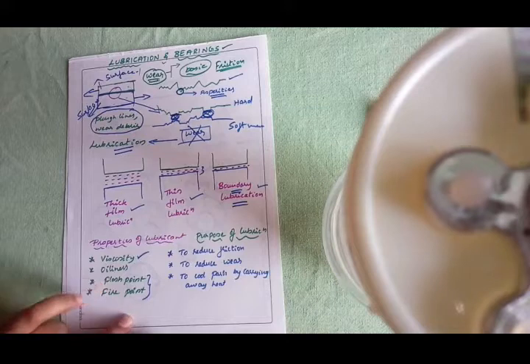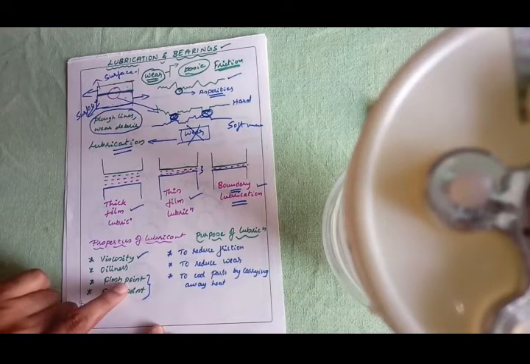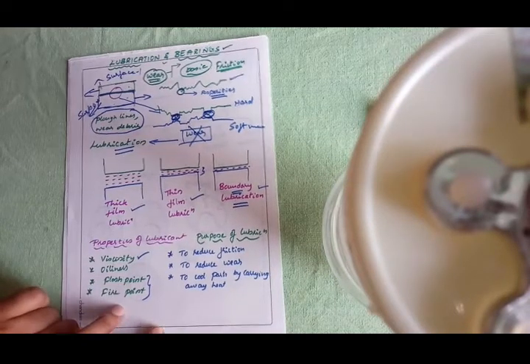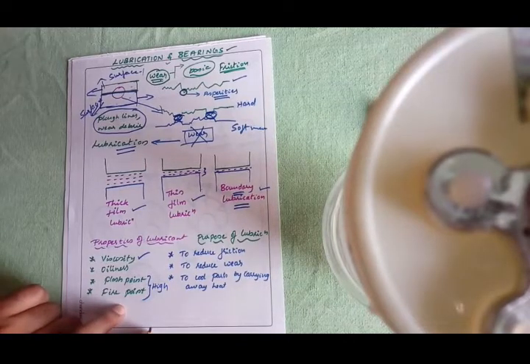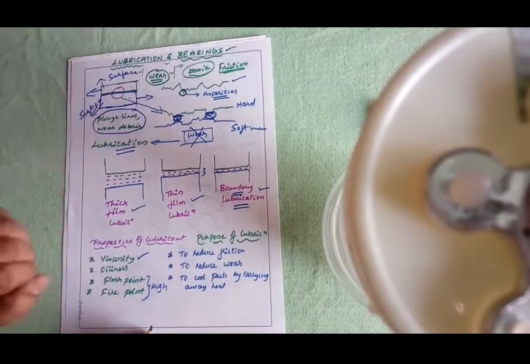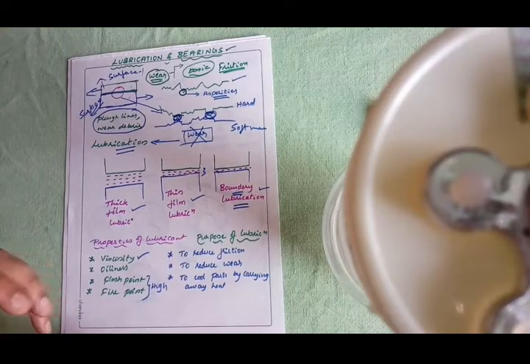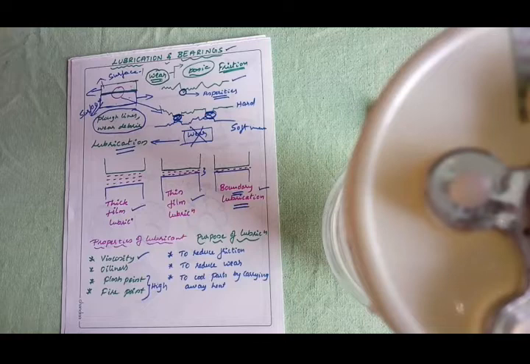And moreover, it should have high flash point and high fire point. I'm talking about high flash point and high fire point because sometimes, due to the friction between the components, the temperatures will increase at a higher rate.